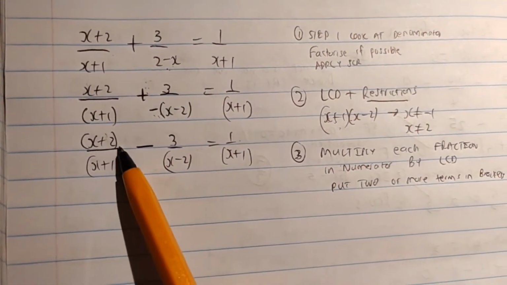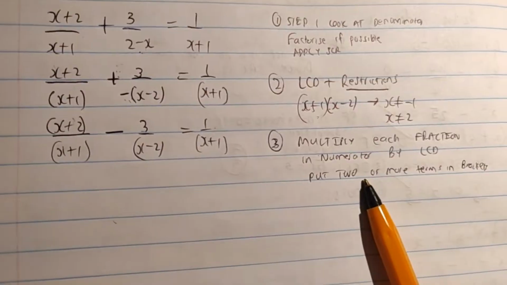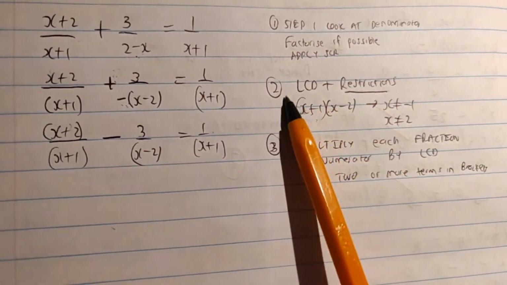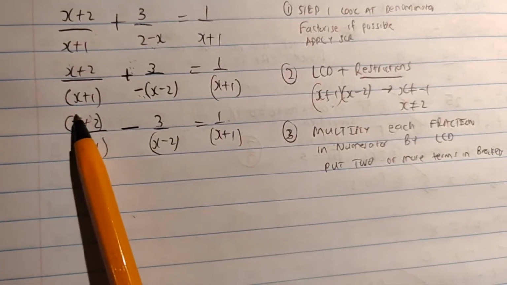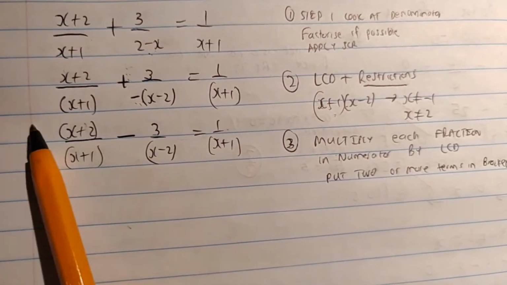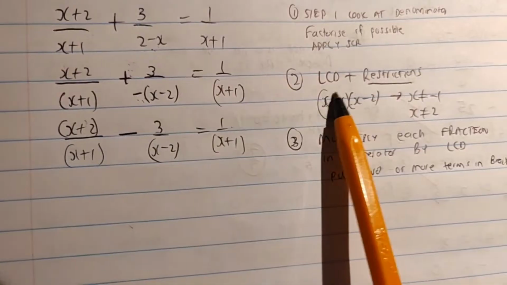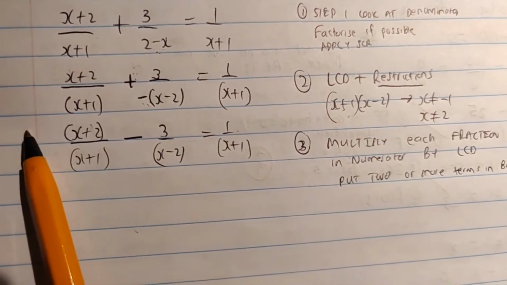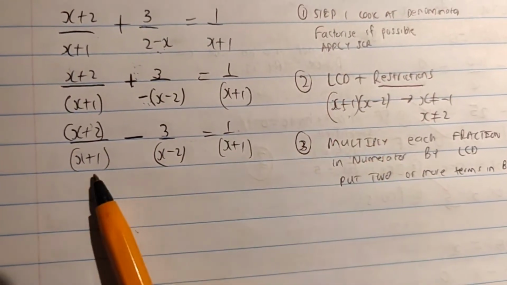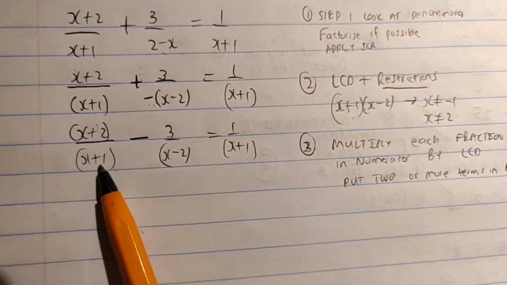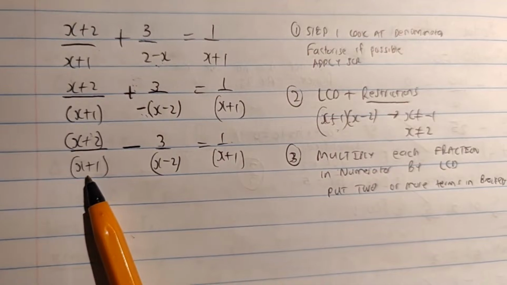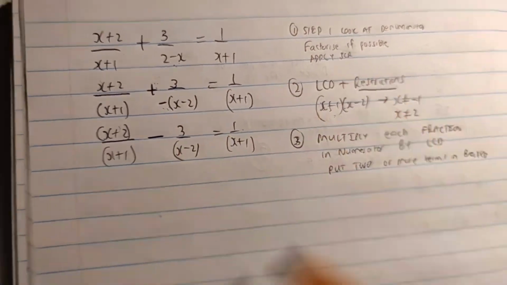That is a safe measure to take. So take this x plus 1 into x minus 2, my LCD, and I put it here at the top. Who cancels out? The x plus 1 and the x plus 1 will cancel out because x plus 1 divided by another x plus 1 is 1. This x minus 2 is going to be left behind.